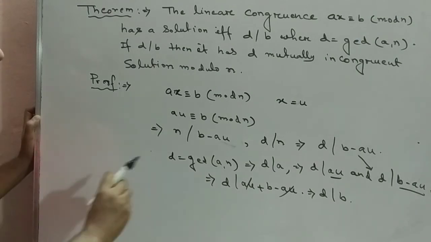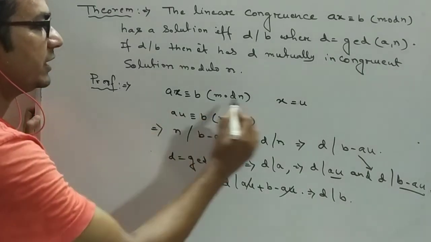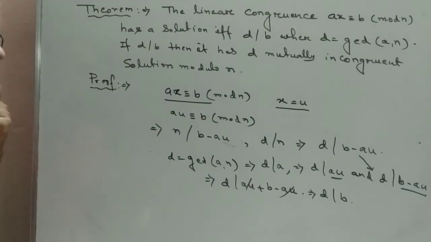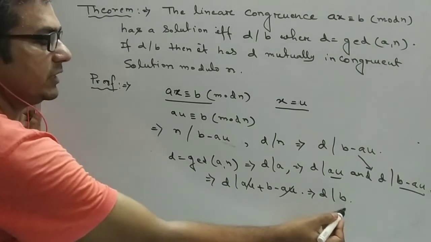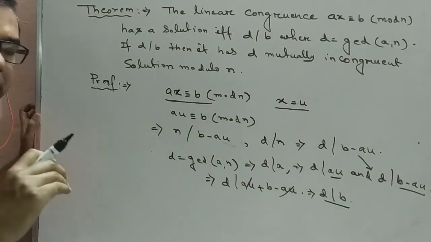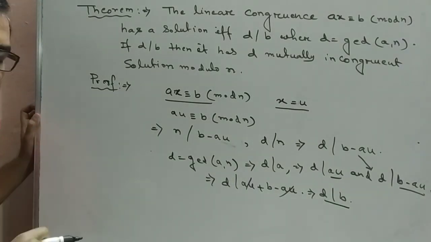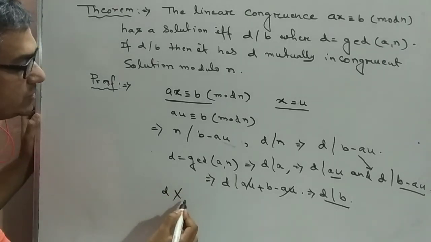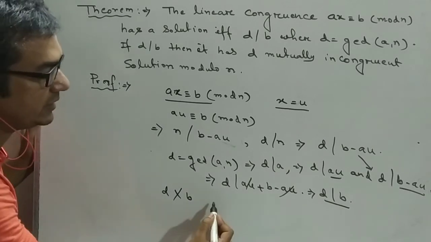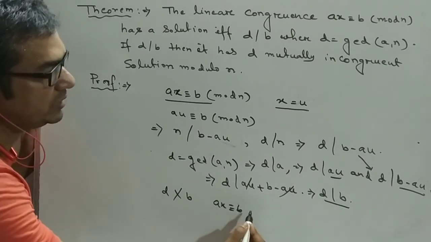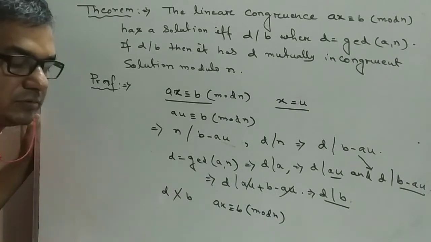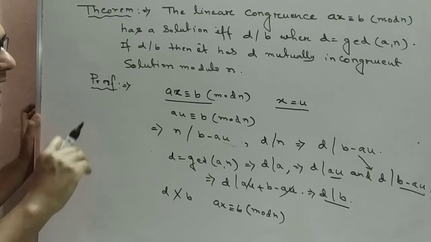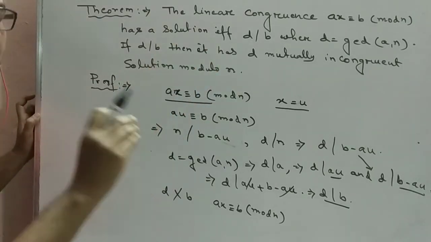So we say that if x equal to U is a solution of this linear congruence, then we must have D divides B. So contrapositively, if D does not divide B, then Ax congruent to B mod n has no solution. And this is the first part of the theorem.